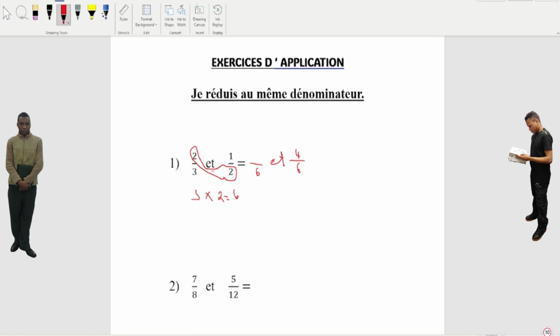So what they have done, this is 2 and this is 2. So 2 times 2 equals 4. This 4, this is the 1. Now they're gonna multiply this. 3 times 1 equals 3. And this is 3.